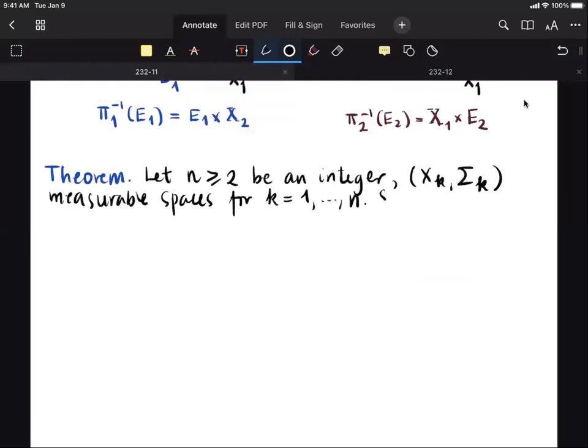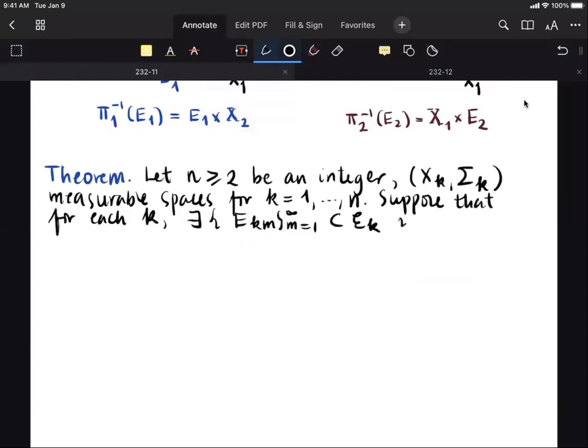Suppose that for each k, I can find a countable sequence, A_km, which is a subset of E_k.